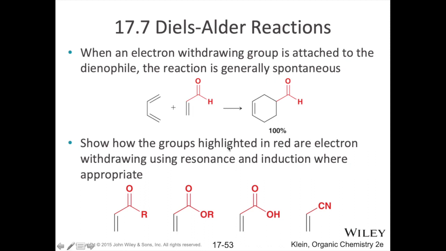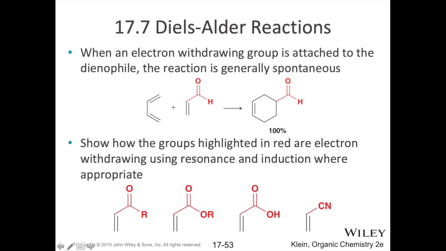If you're having trouble seeing how these groups are electron withdrawing, try drawing resonance structures for these. All of these have a conjugated pi system with that carbonyl over there. You can't see it here with the nitrile, but there's the triple bond between that carbon and that nitrogen. Likewise with your carbonyl, you can have resonance structures where that electronegative oxygen or nitrogen can get an extra lone pair by having the electrons swing upwards towards it.